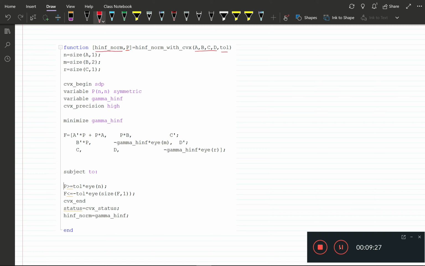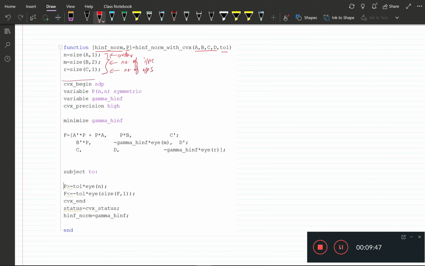So this is just calculations of different sizes: the size of the states, that's the order, the number of inputs, and the number of outputs.